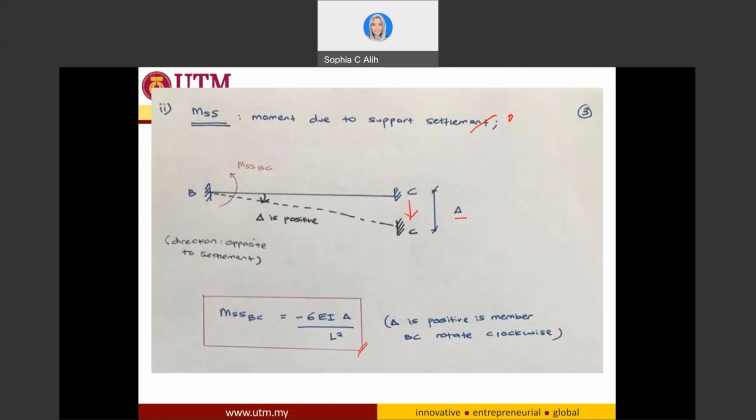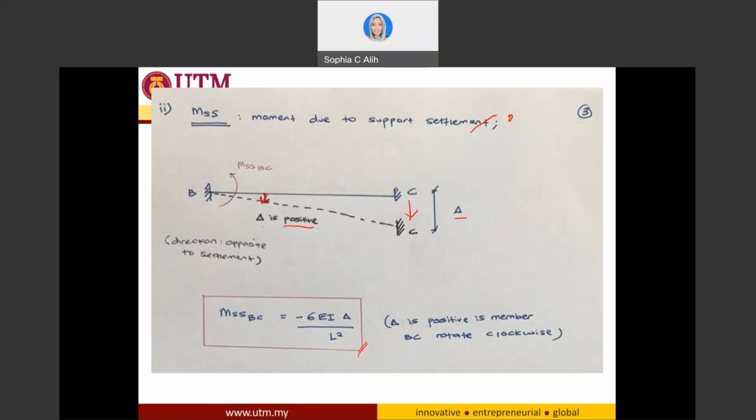So in other words, my beam is going to settle in the clockwise direction, right? If the settlement is in a clockwise direction, it is considered to be a positive value for my delta.